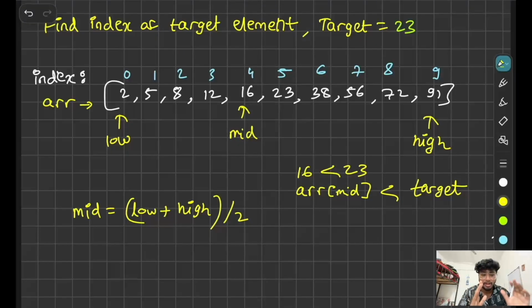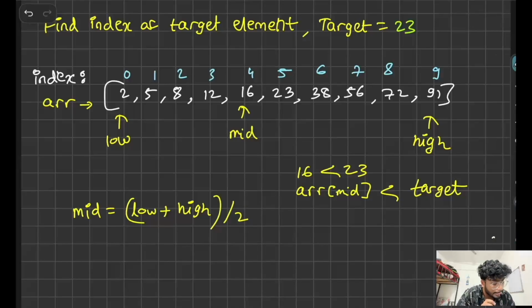So I know for sure this is lesser than the target. This is a monotonic sequence, an increasing monotonic sequence. Makes sense? So I know that my 16 is lesser than the target.